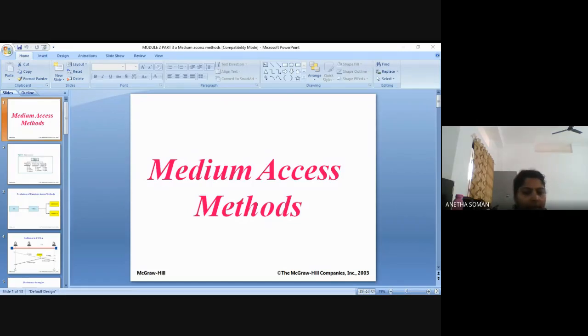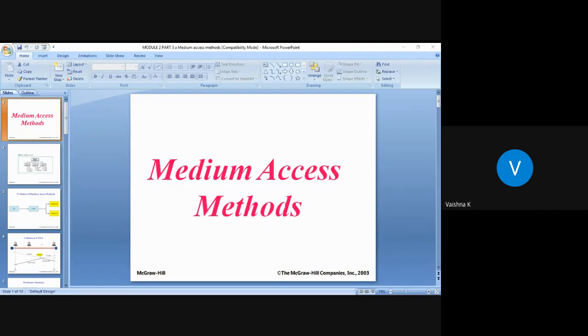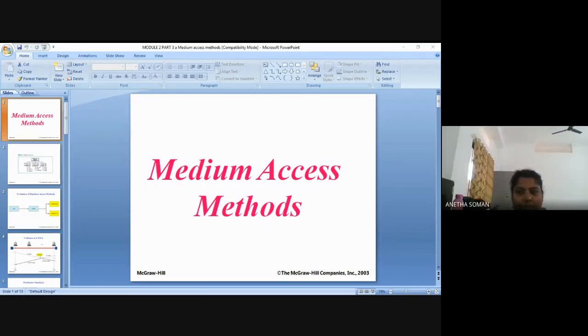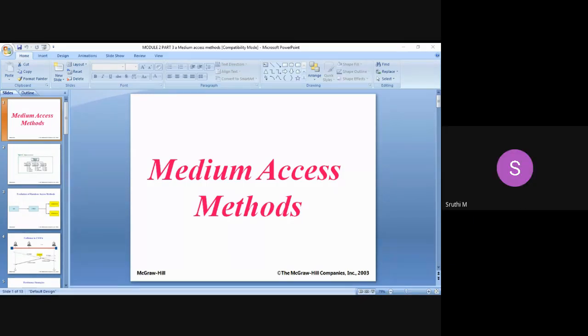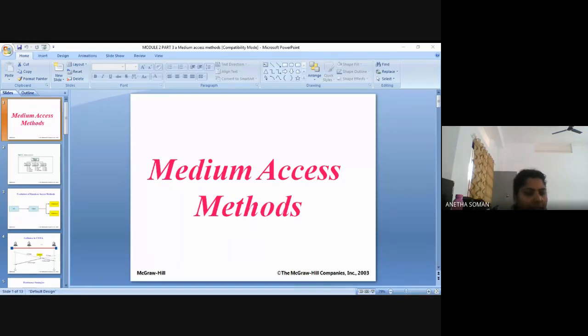Neeraj is not there. Rangit, Vaishna, present, Miss. Vaishnav. Anjali, present, Miss. Anjali is there. Okay. Shruti, present, Miss. Okay. So absent are Drishya, Neeraj, and Rangit.